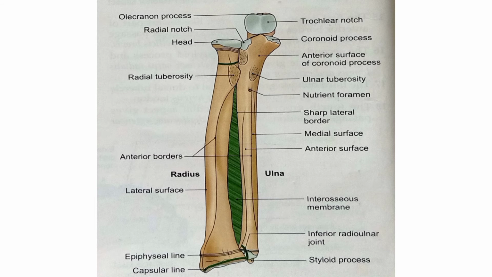Yes, so this is inferior radioulnar joint. It is separated from the wrist joint by articular disc. Ulnar artery and nerve lie on the anterior aspect of the head of the ulna.